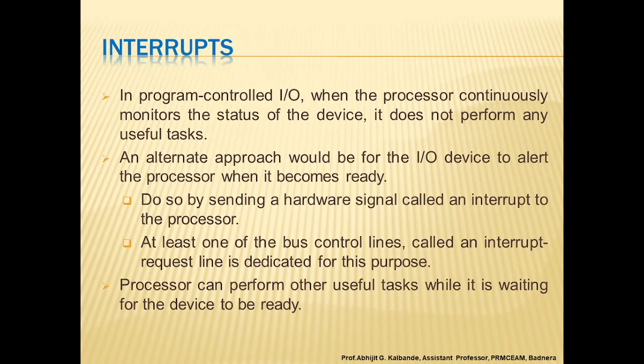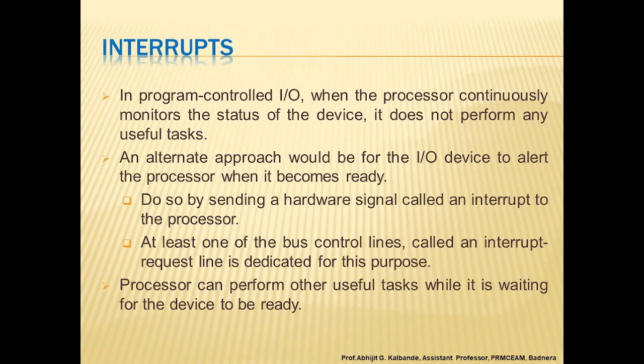In many situations, the processor can perform other tasks while it waits for an IO device to become ready. To do this, we can arrange for the IO device to alert the processor when it is ready. It does so by sending a hardware signal, which is called the interrupt, to the processor.